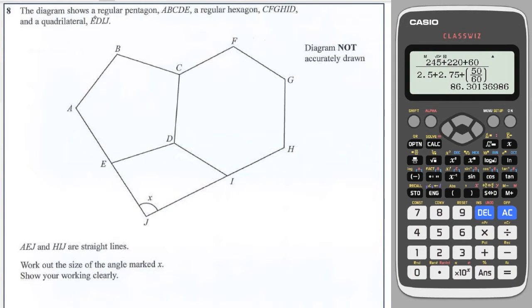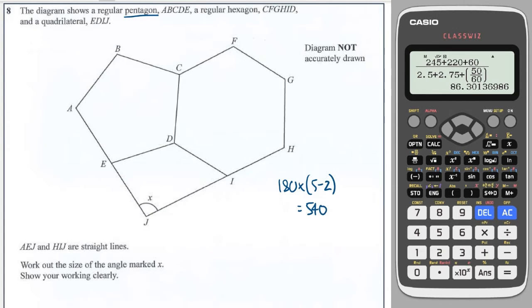Okay, question 8. The diagram shows a regular pentagon and a regular hexagon and a quadrilateral. And it says work out the angle marked X. Okay, well, let's start with the pentagon. We know that we can do 180 multiplied by the number of sides minus 2, which gives me 540 for the total angles inside a pentagon.